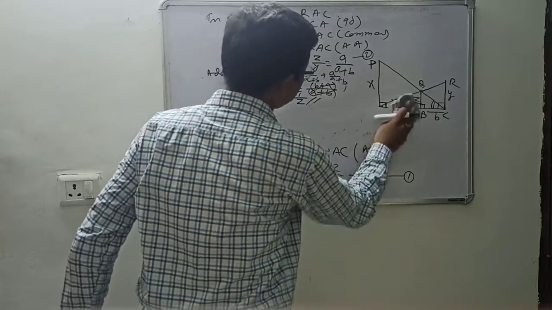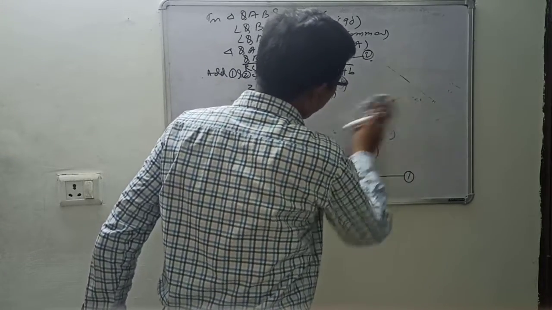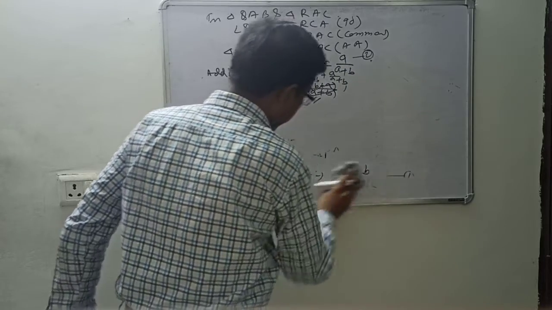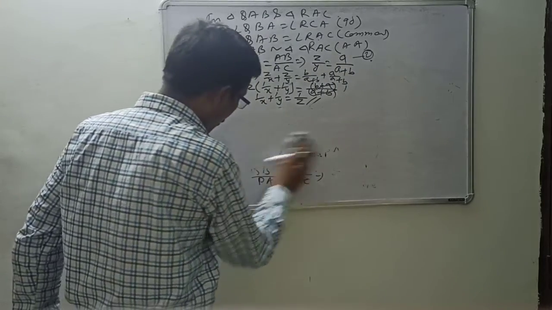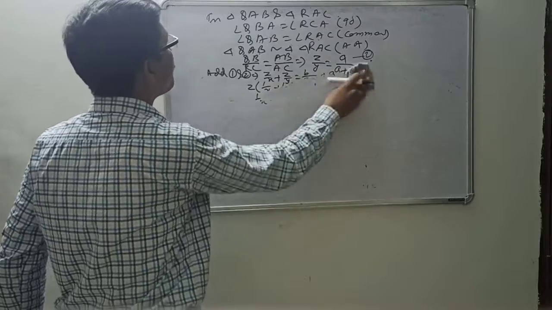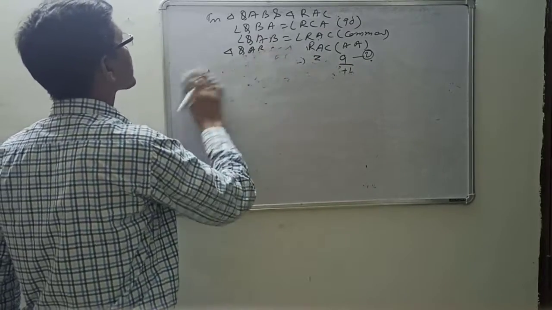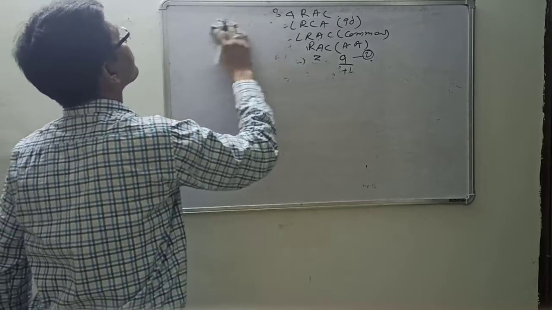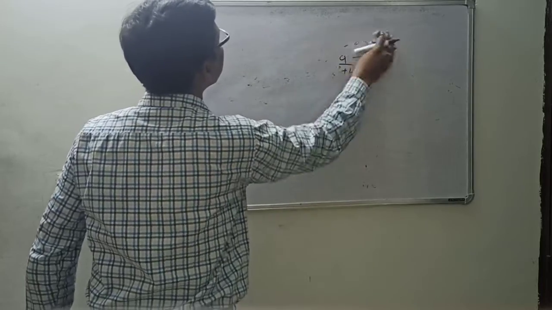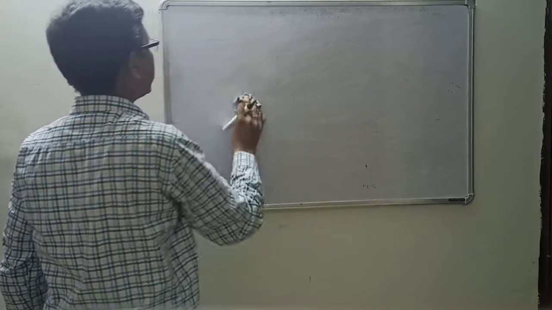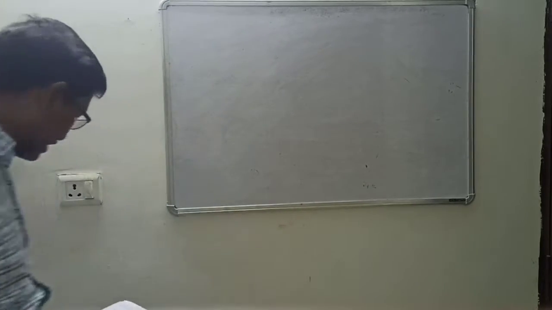Okay. Now the next simple question I would like to see. If a perpendicular is drawn, then some relation between the parts of the sides you have to get, means applying the similarity. In the exercise it is question number 9.